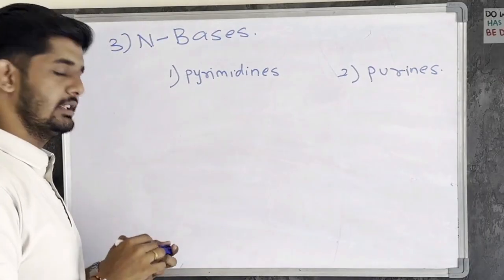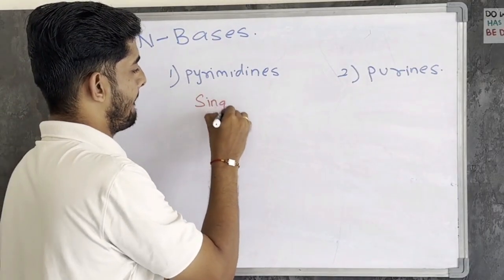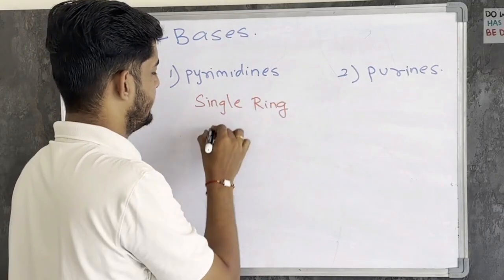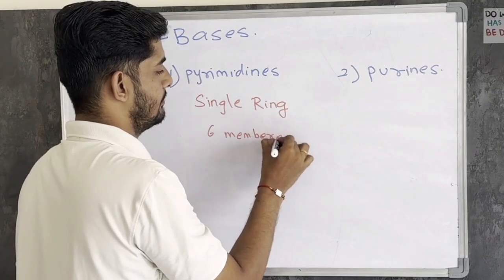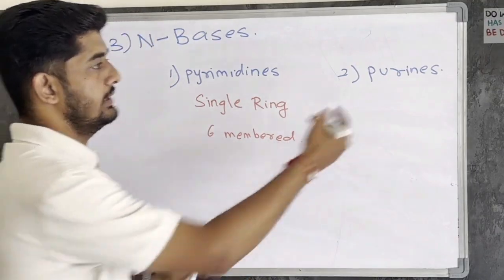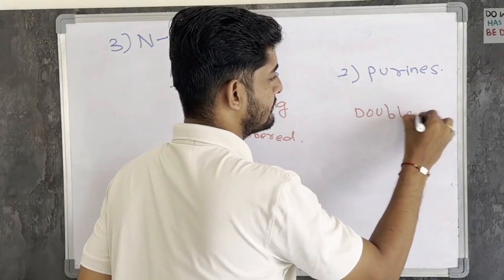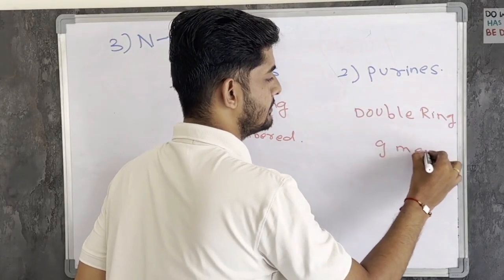Now these pyrimidines are a single ring of 6 members. And these purines are made up of a double ring and are composed of 9 members.